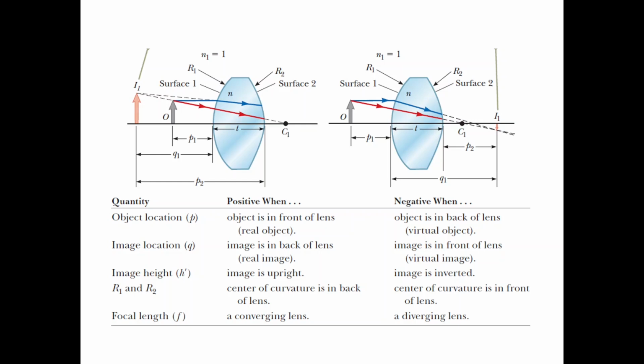But later we will consider this extreme case when thickness becomes much smaller. So we have two surfaces, or better said, interfaces. If we consider air, N1 is equal to unity, so that's air. This is, let's say, glass with a refractive index N.